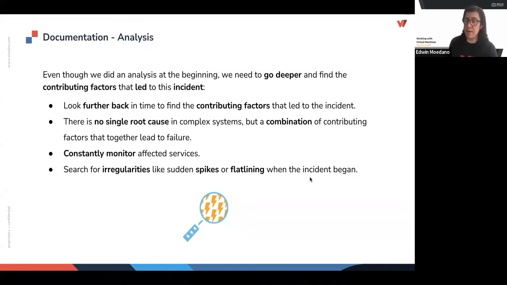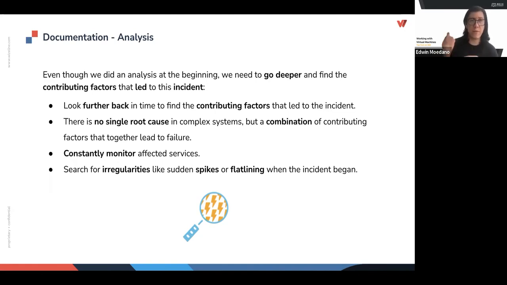Even though we did an analysis at the beginning, and it was a really fast analysis because time is money in those particular situations, we need to go deep and find contributing factors that led to this incident. I suggest you look further back in time to find contributing factors. Contributing factors can be, as I was mentioning, maybe a dependency was bad, maybe something happened when we were packaging the tool, maybe the particular instance that we were trying to spin up was really bad because we didn't update the image for that instance.